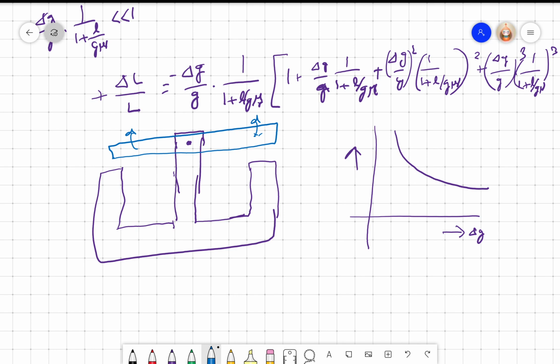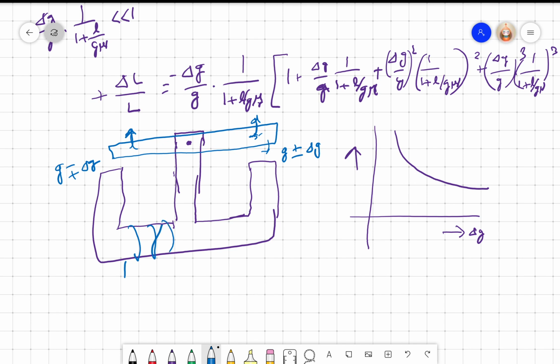If this is going down, this will be going up. So I will have G minus or plus delta G here and G plus or minus delta G. If delta G is decreasing on the right hand side, delta G will be increasing on the left hand side.